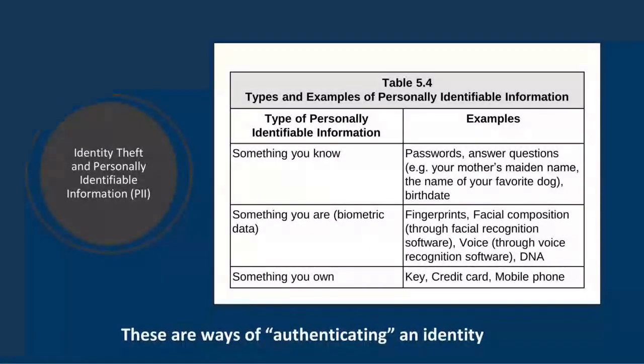Now, these are all ways of identifying a person. They distinguish you from someone else. Some things are very good at doing this. DNA is excellent at distinguishing two people. Something you own is usually good, unless it has been stolen. Like my key fob: unless I give it to someone else, that's going to distinguish me from someone who doesn't have a key fob. Some things are not as good.